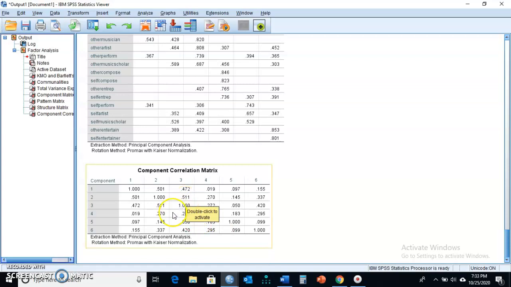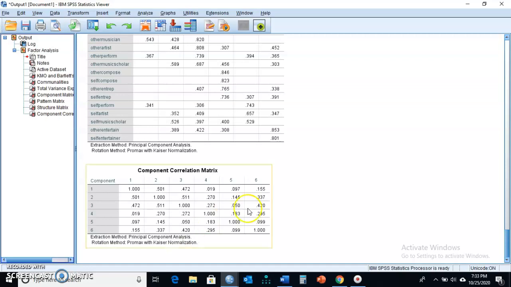If any of these correlations between the components was higher, let's say 0.7 or 0.8, we might need to go back to the drawing board, because that would mean that two or more of these components were so strongly related that they were correlated very highly, and maybe they need to be collapsed together or somehow reconfigured. We don't have that problem, so we're good.